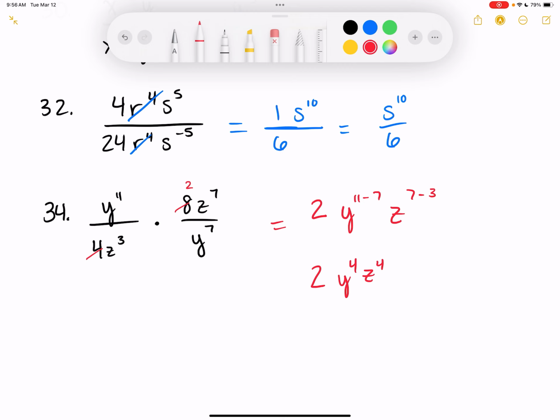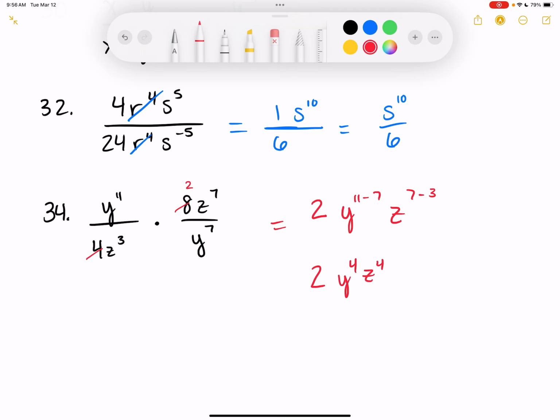I got y to the 4th, 2z to the 4th over y to the 7. Okay, anyone else? I got y third plus y cubed plus 12z to the 10. I don't know. I got y to the 18 over 32z to the 10. I don't know.